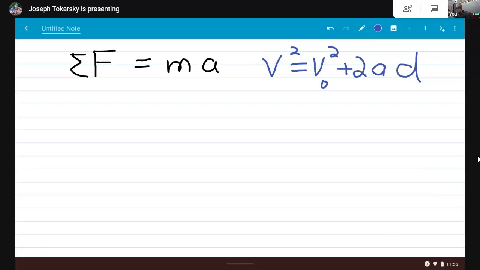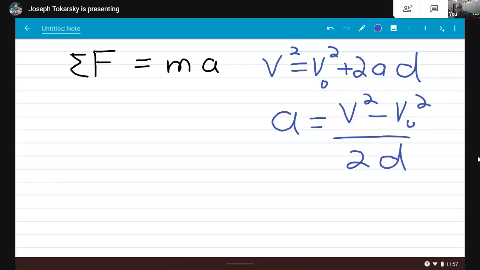If I solve this kinematic equation for acceleration, I would get a equals v squared, some final velocity, minus v initial squared, over 2d. Since a equals that and a is in Newton's second law, I could sub it in there.